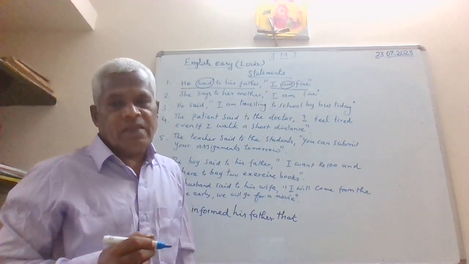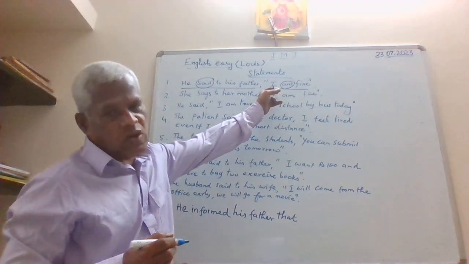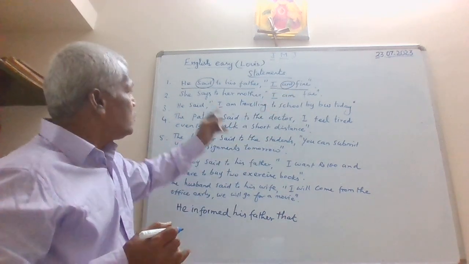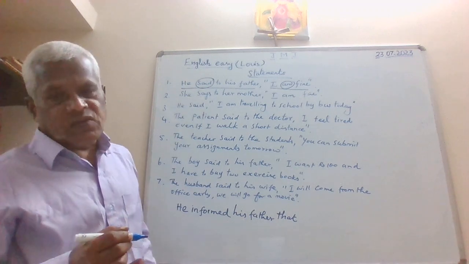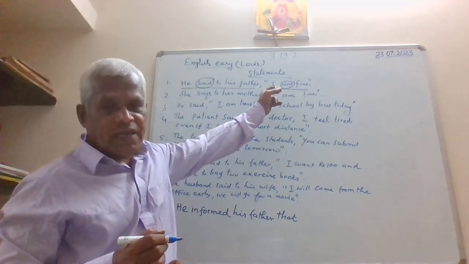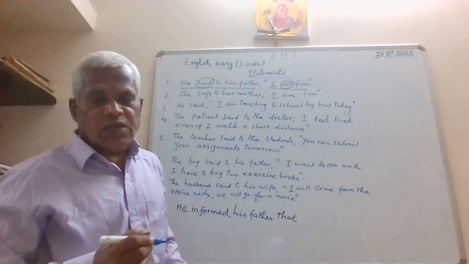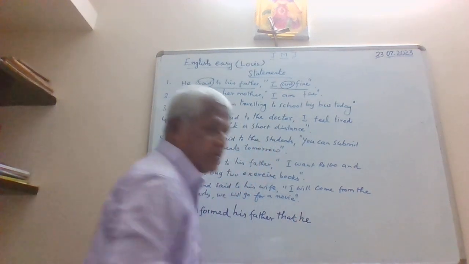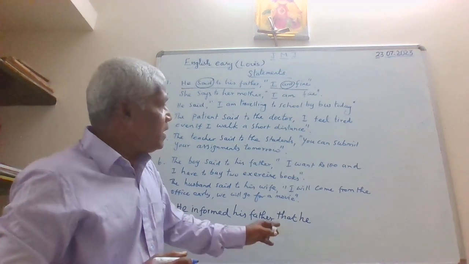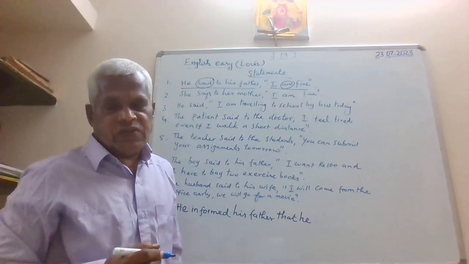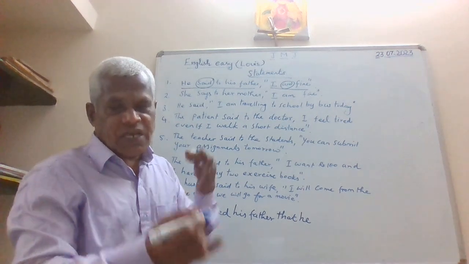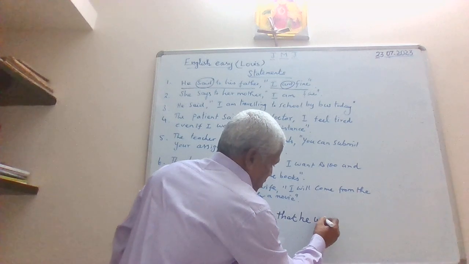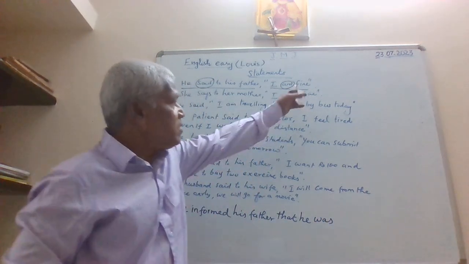I am fine. I is your pronoun, first person singular, and this I refers to the subject he. So if you change that first person I into third person, what subject do you get? He. Now am is your present tense verb, and we know that present tense is changed into past tense. So am becomes was. That he was fine.